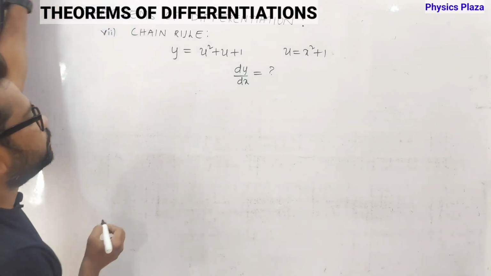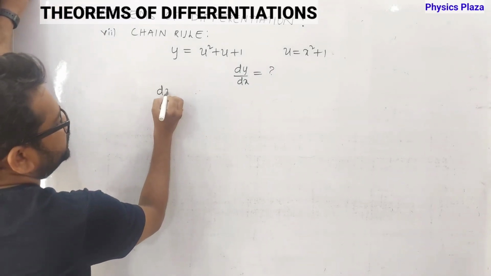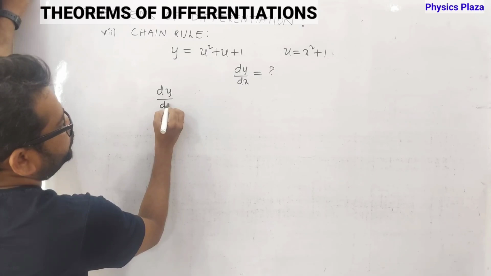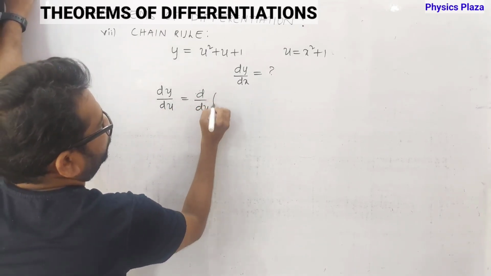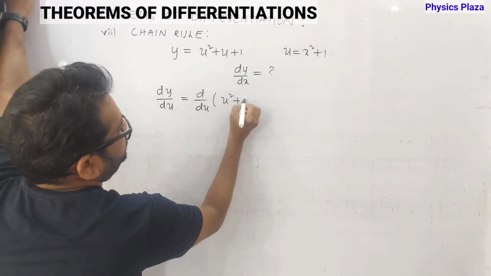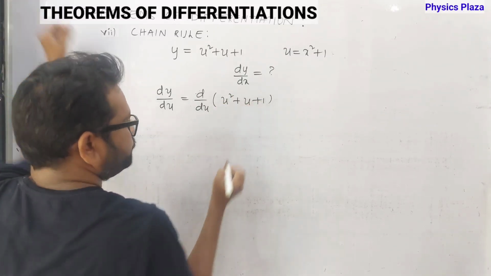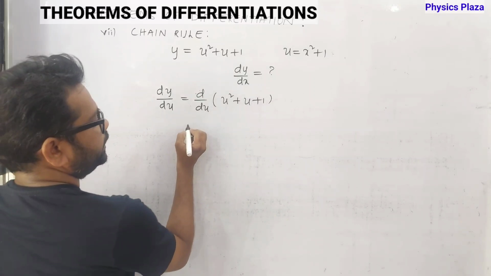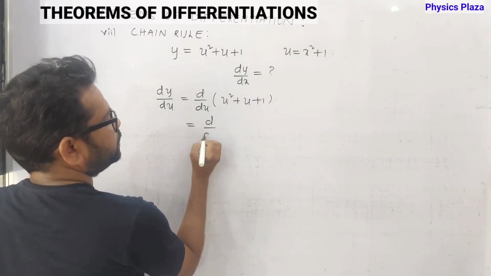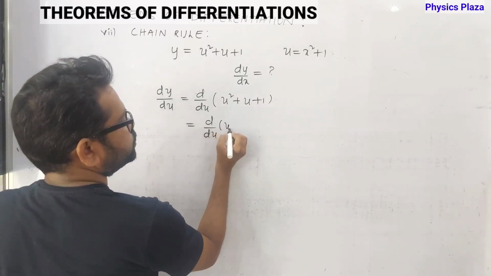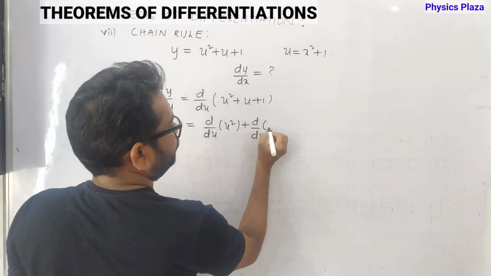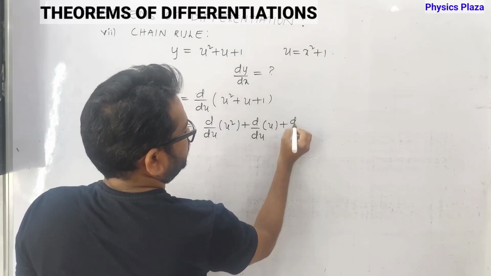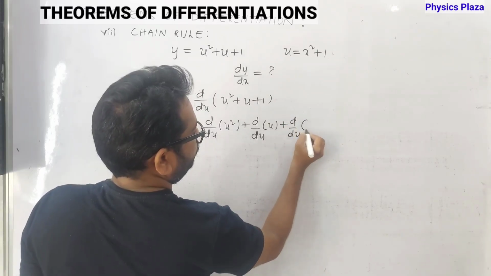Now, children, first step, let us differentiate y with respect to u. That is d by du of u square plus u plus 1. Is that clear? So it can be d by du of u square plus d by du of u plus d by du of 1.